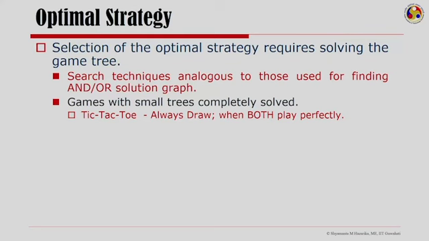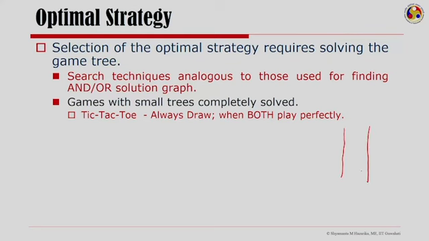In tic-tac-toe, we can always ensure a draw when both the players play perfectly. So let me remind you what the tic-tac-toe game is, if you have forgotten from your school days.